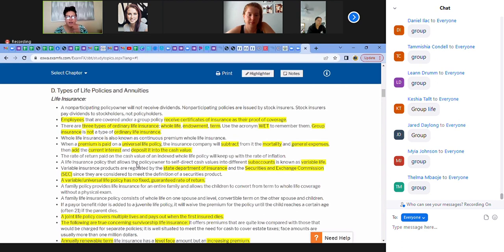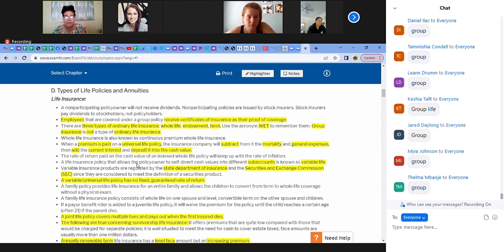So let's divide those up into temporary and permanent. The term is temporary and the permanent is the endowment and the whole life. The term is going to be exactly that. There's certain words that go with that, like 10, 15, 20, 30 years. And we'll talk about that one last. And then you have the endowment and the whole life, which are permanent.